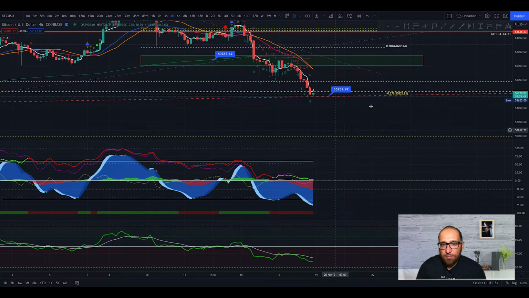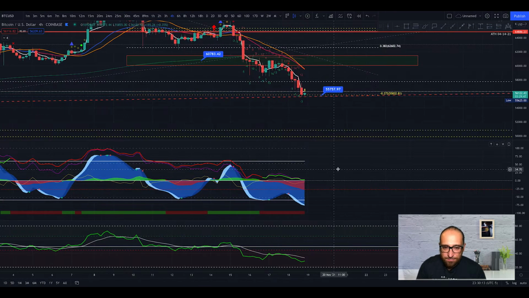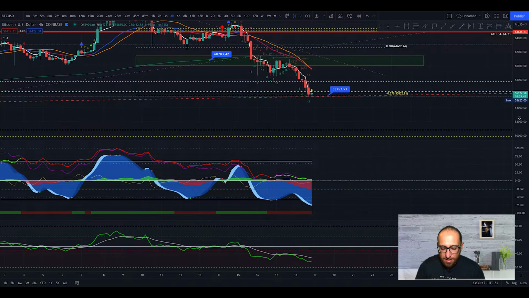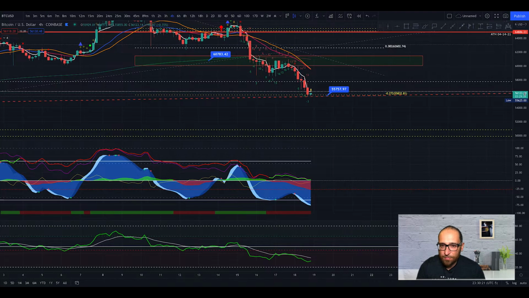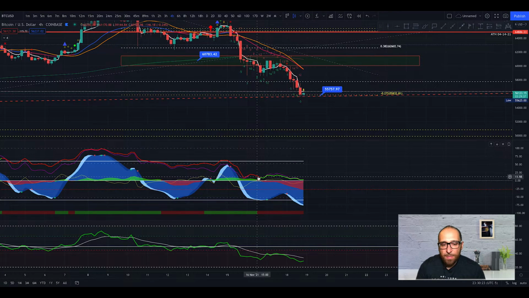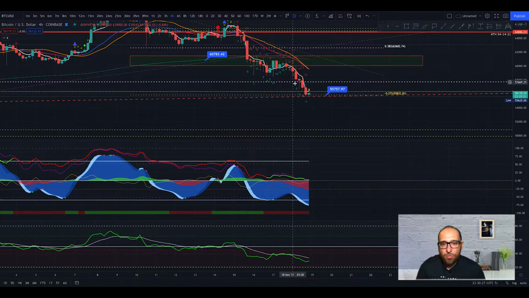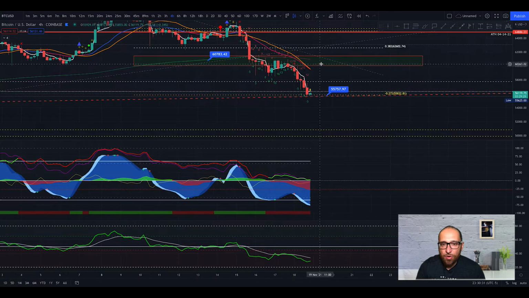4 hours for me is a very important time frame, because it's the time frame to understand when the trend starts going bullish or bearish. And right now we are practically bearish, but we need to make the first try to come back above the EMA 200.